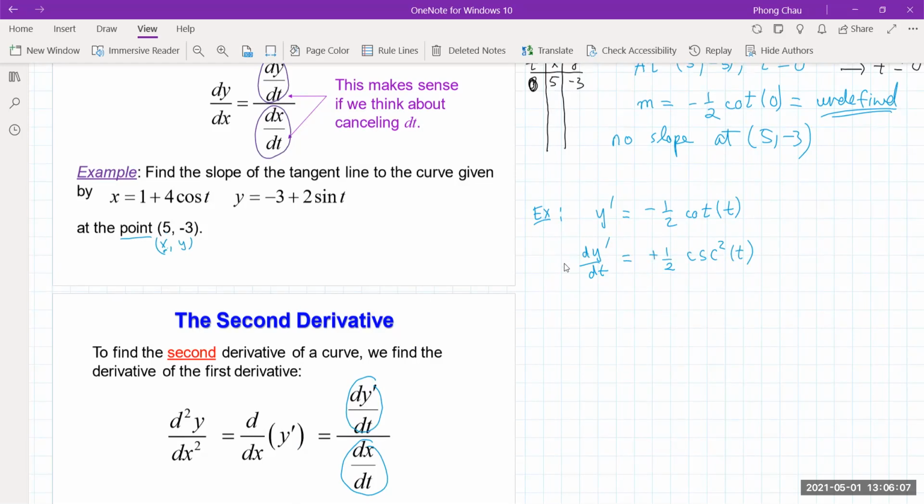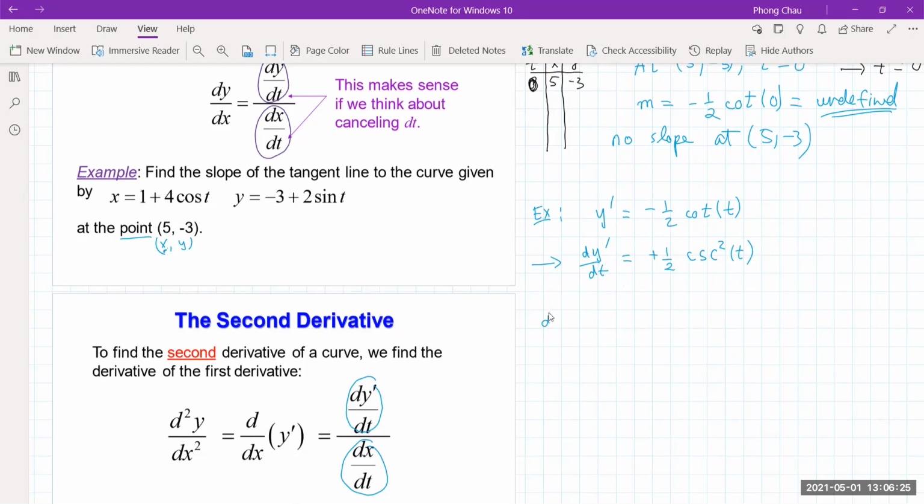Now, it's a common mistake that this is the answer. This is not the answer. This is just the derivative of y prime with respect to t, which is the numerator only.